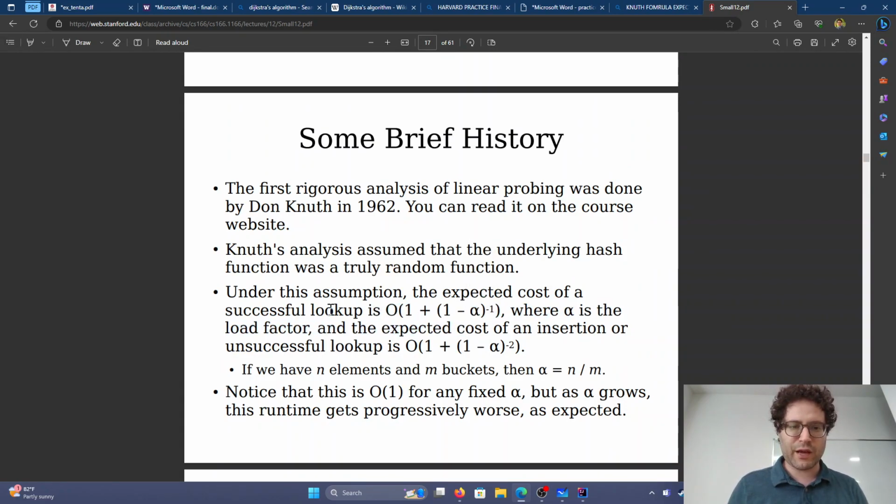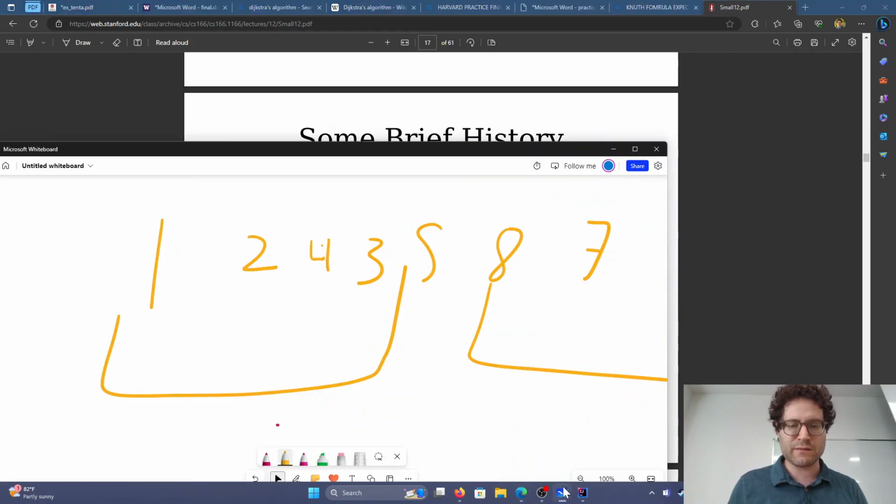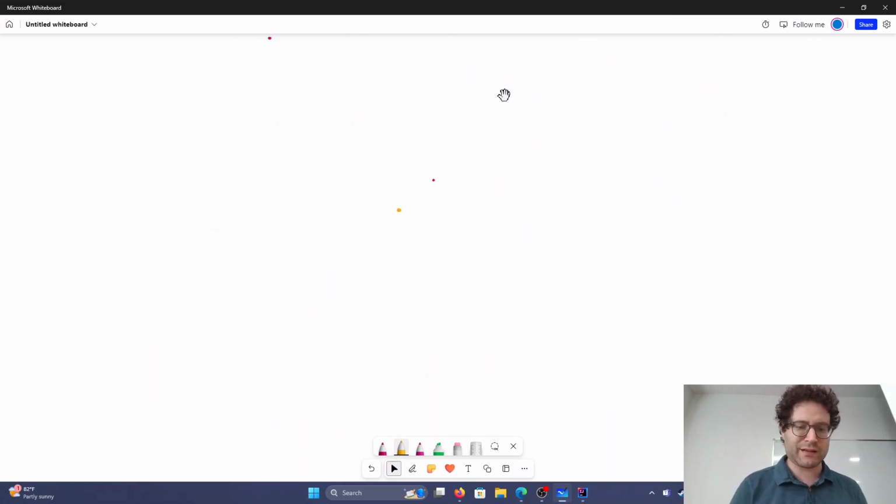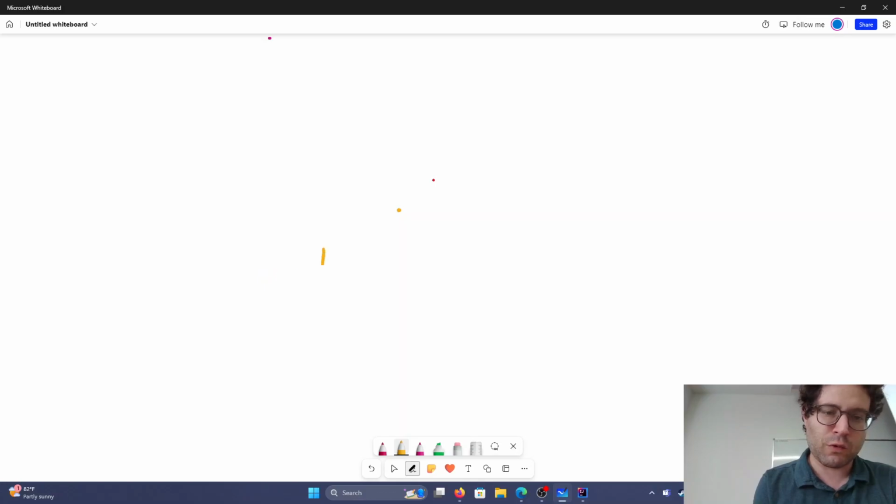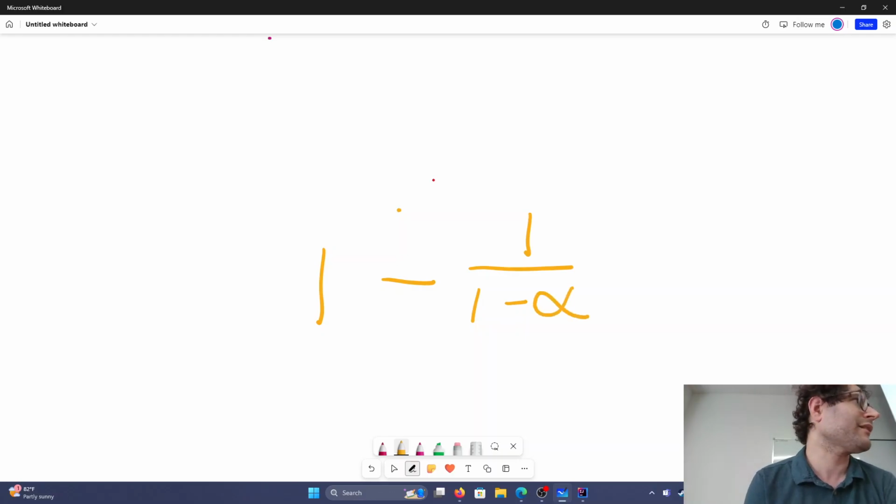The expected cost of finding something in this table is 1 plus 1 over 1 minus alpha. What is alpha?